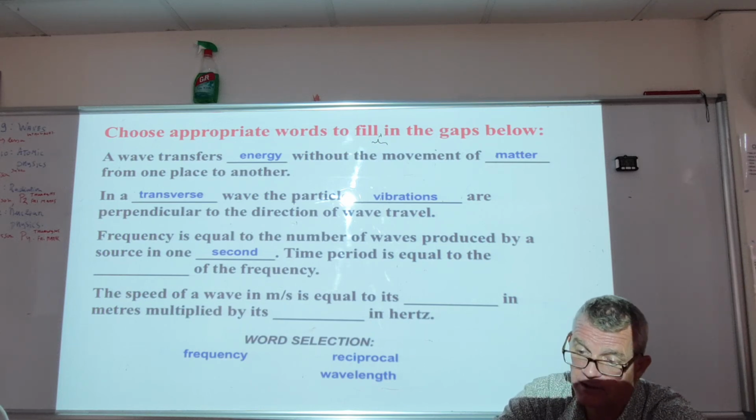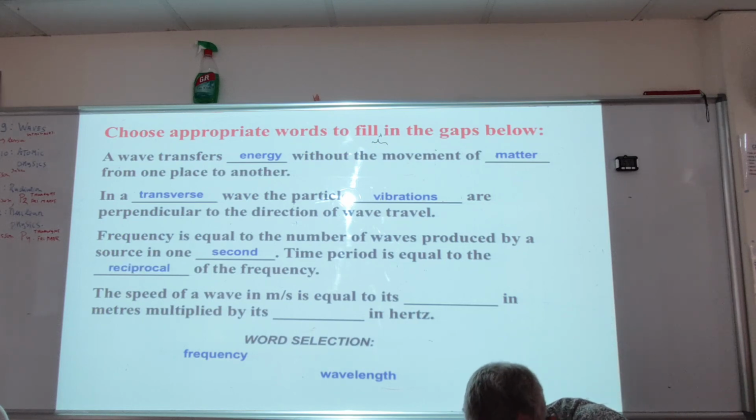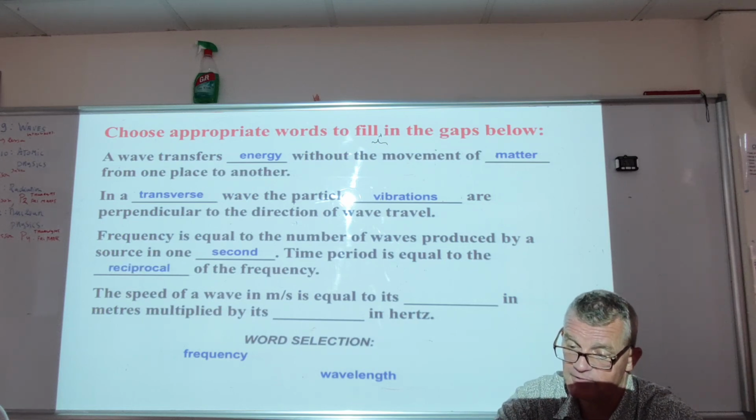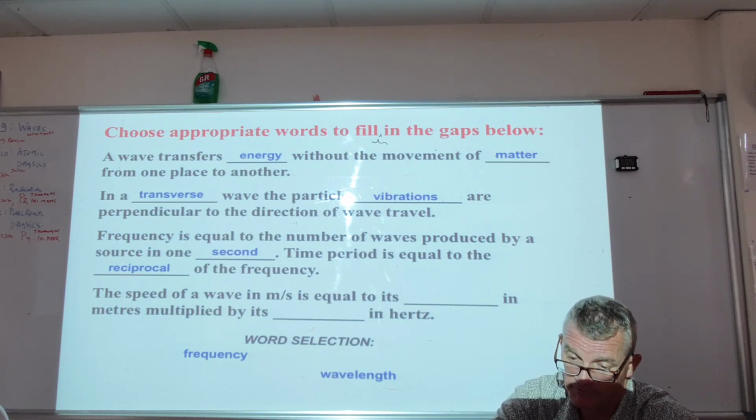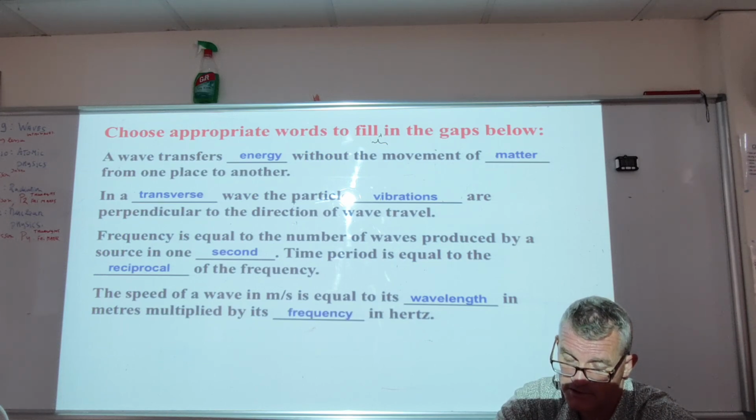The time period is equal to the reciprocal of the frequency. The speed of the wave in meters per second is equal to its wavelength in meters multiplied by its frequency in hertz.